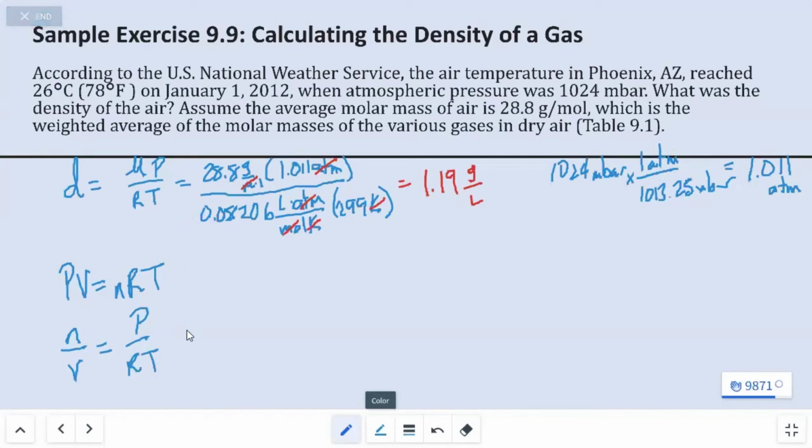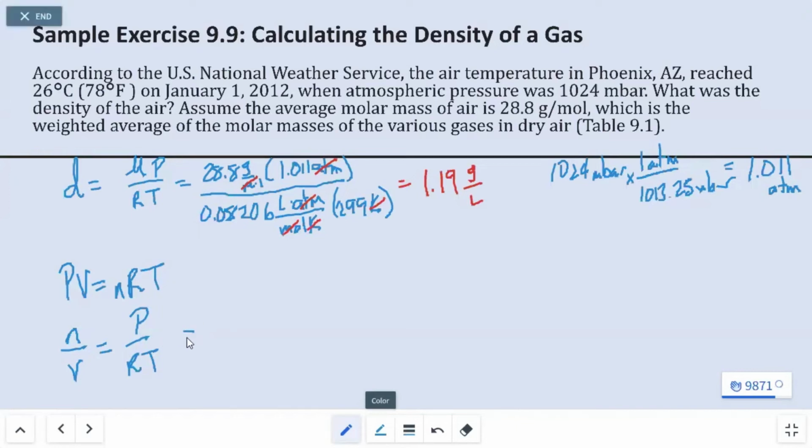This would give me moles per liter. In a solution, we would call that molarity. Here, we're just going to call it moles per liter. All I have to do once I find that is multiply it by the molar mass, and it would turn the moles per liter into grams per liter.